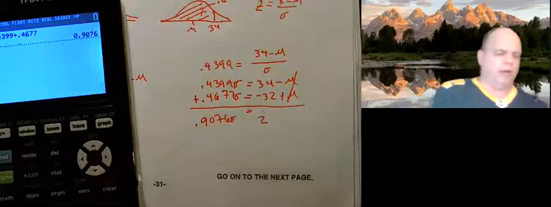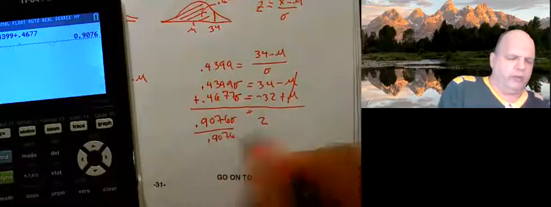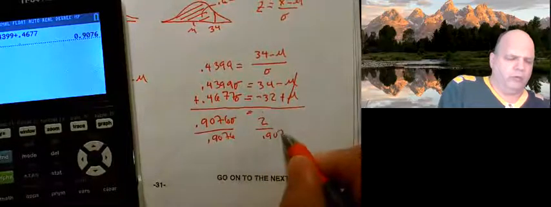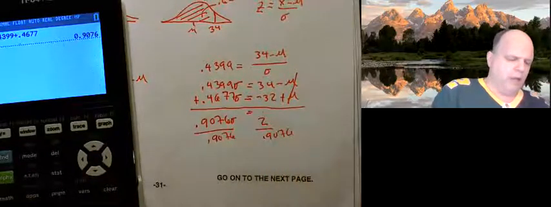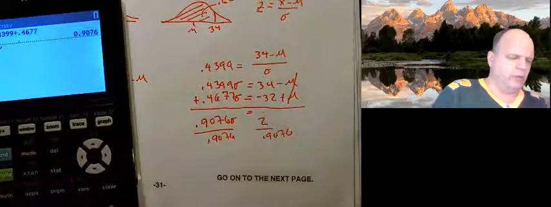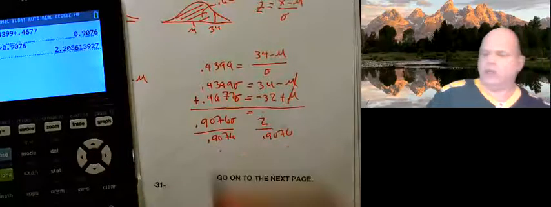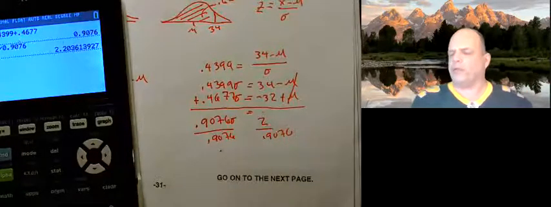And then I'm going to divide both sides by 0.9076. And so 2 divided by 0.9076 equals the standard deviation, and I think I've made an error, so I'm going to pause for just a moment to undo this for just a second.